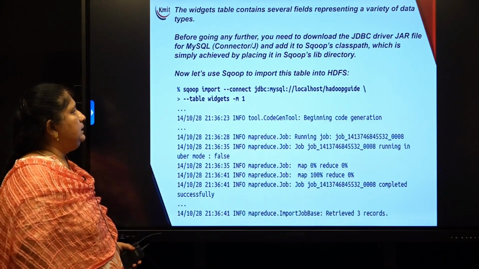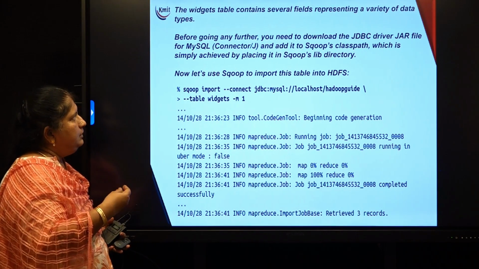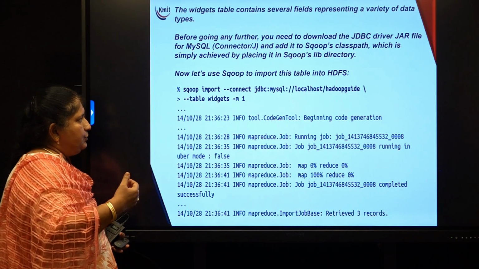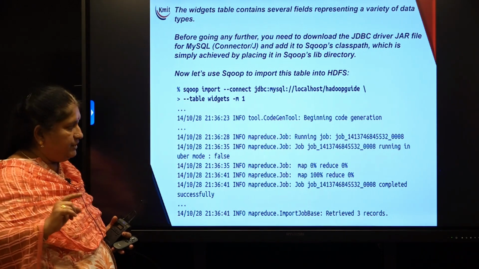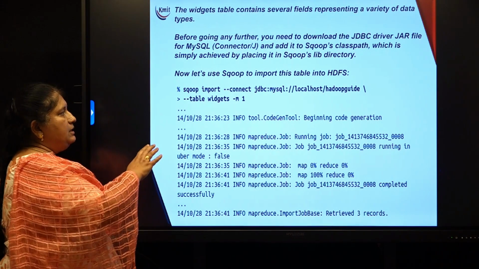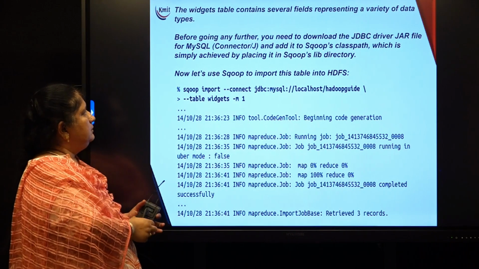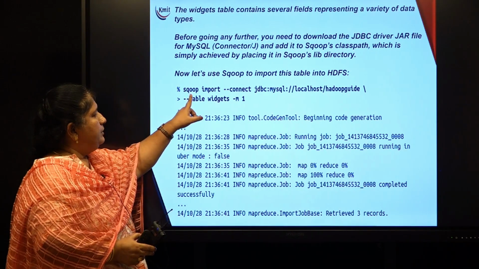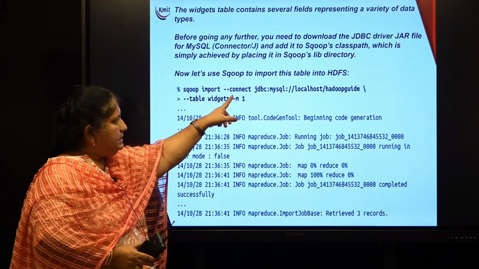After the insert, I want to extract data from MySQL into the widget table. Where are we creating this widget table? We are trying to create it in the Sqoop environment. So let me give the command: sqoop import --connect.